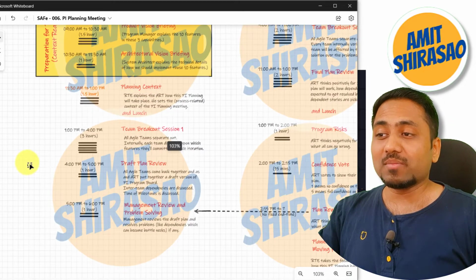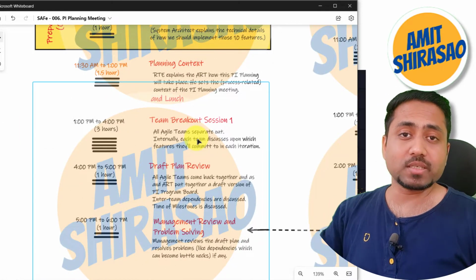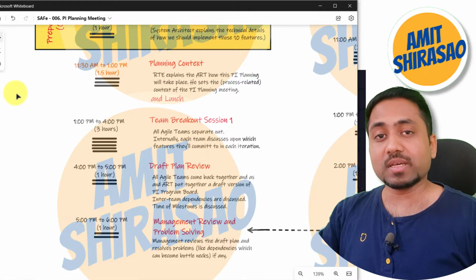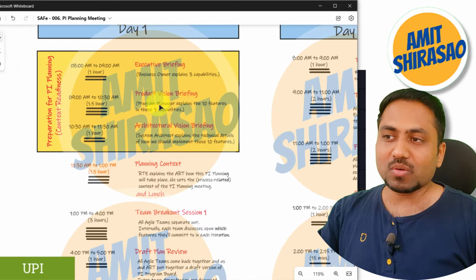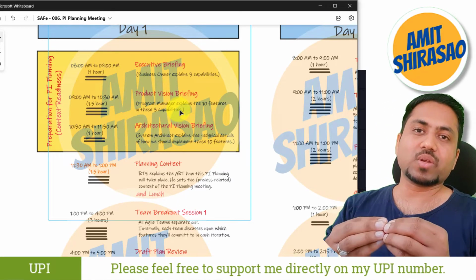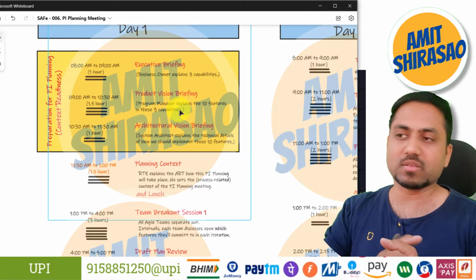Now in team breakout session number 1, all the agile teams are sitting separately, and they will decide which stories they are going to pick up. Out of all these 10 features which I explained to them, every feature will have, let us say, 2-3 stories, maybe 2-3-5 stories.